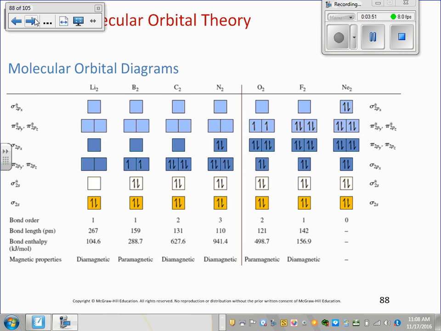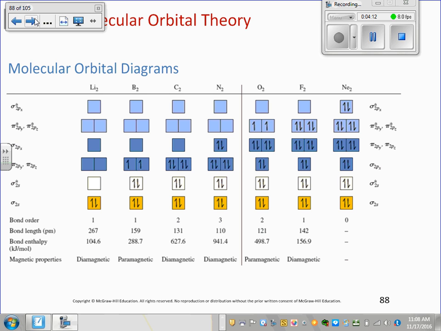What is its bond order? I have 4 in bonding orbitals, 2 in an anti-bonding orbital, so it's 4 minus 2 divided by 2, so its bond order is 1. Everybody see that?